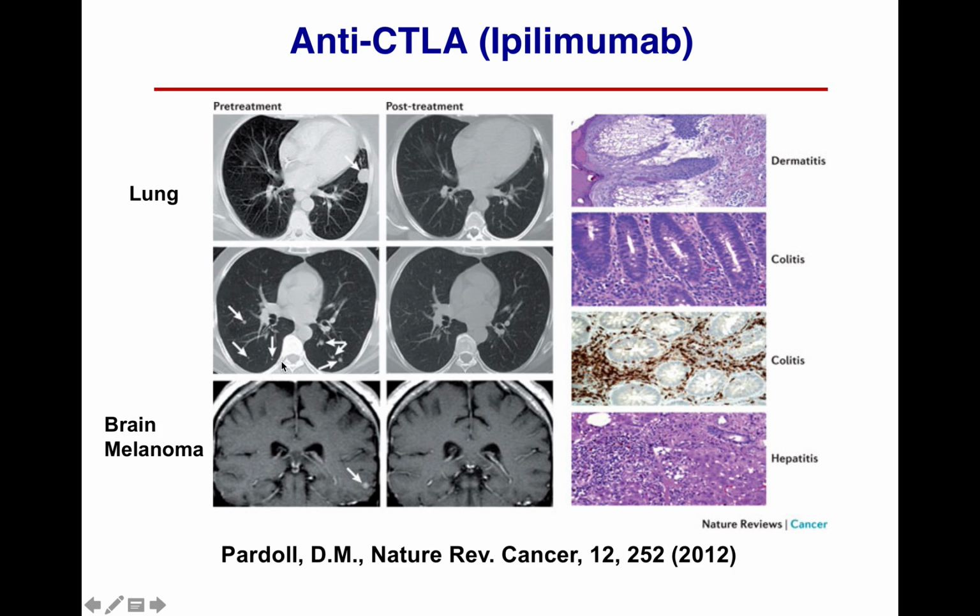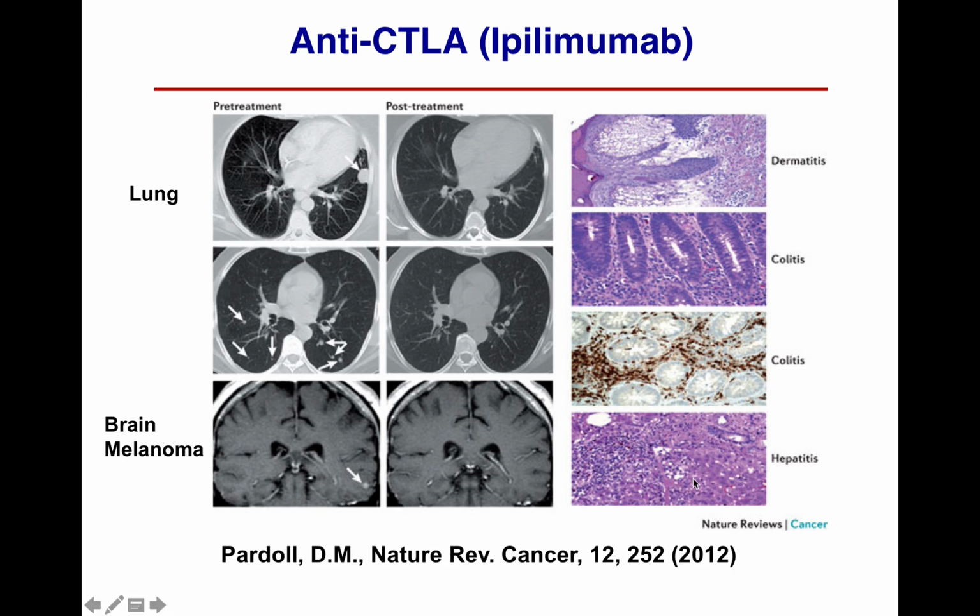Here's another example in which these little tumors have disappeared. This is a brain melanoma. I don't know if you remember, but former President Jimmy Carter had brain cancer, but what he had was actually not glioma. He had a melanoma that had metastasized into the brain, and that responded quite well.